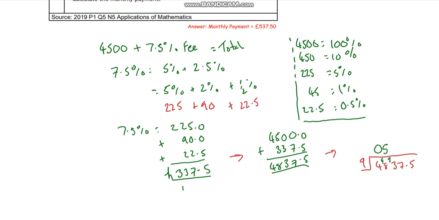And 9 into 33 would be not 4 but 3, so that's 27, carry the 6. 9 into 67, I'm getting tired now, 9 sevens are 63, carry the 4.